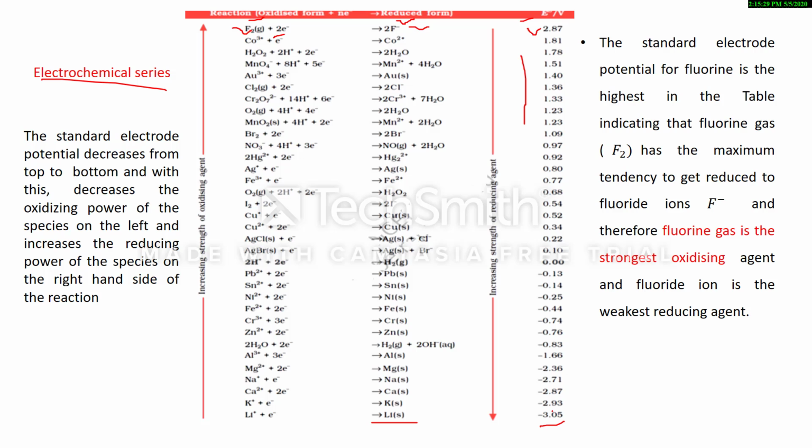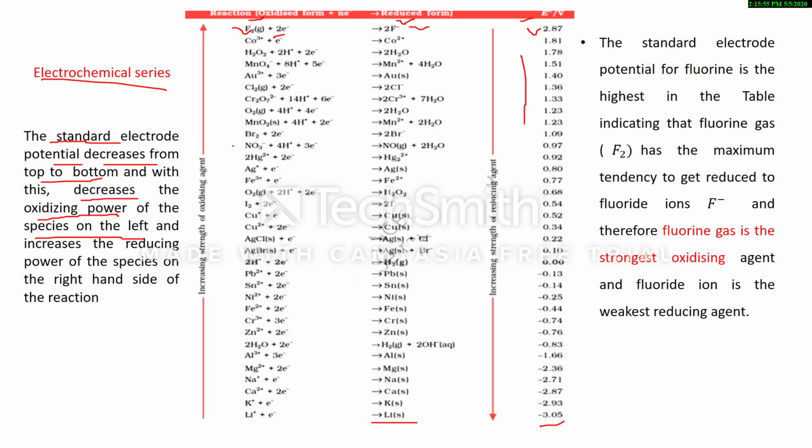Now what conclusion can we find from this electrochemical series and what is its use? See, the standard electrode potential decreases from top to bottom. We already discussed this, and it indicates that the oxidizing power of the species on the left decreases.